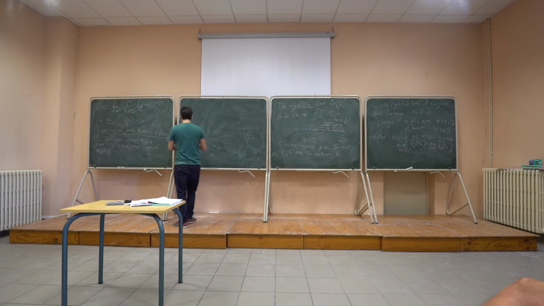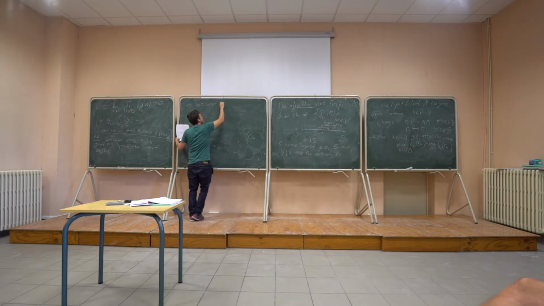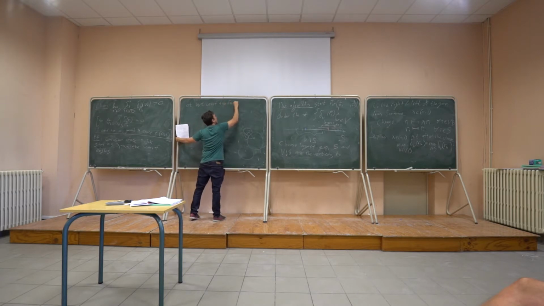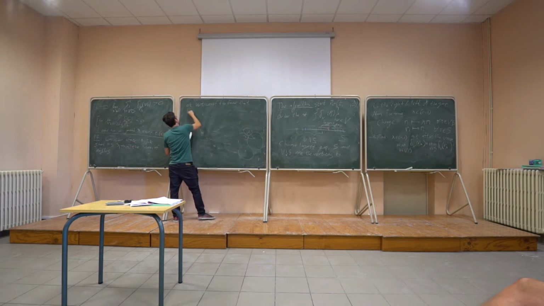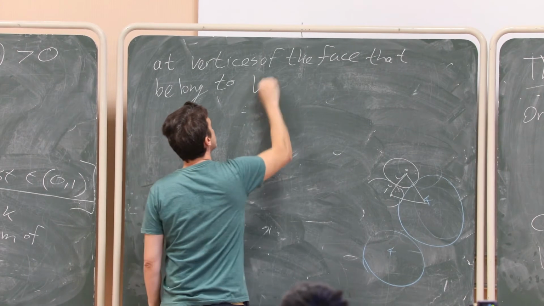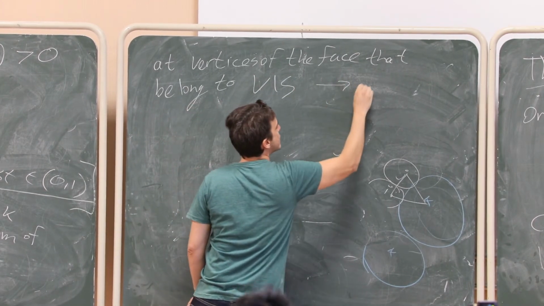Okay, so let's see what this is. The sum of angles at vertices of the face that belong to V minus S converges to pi.